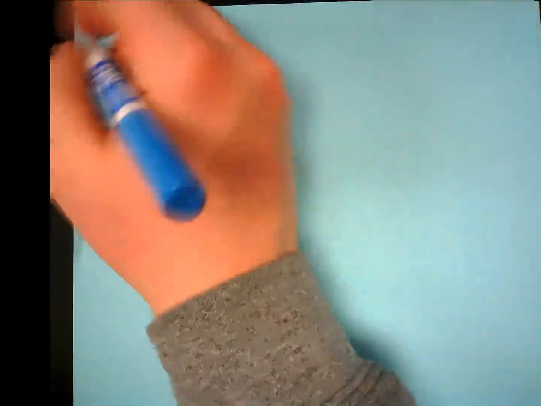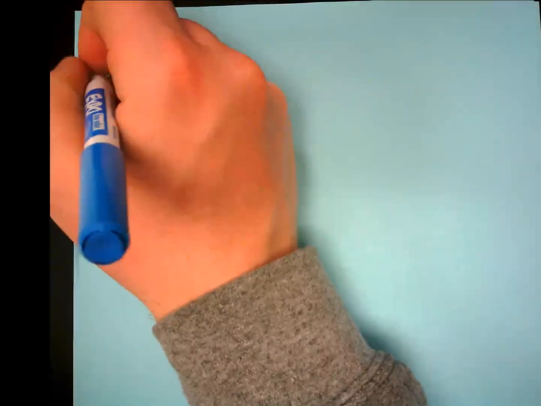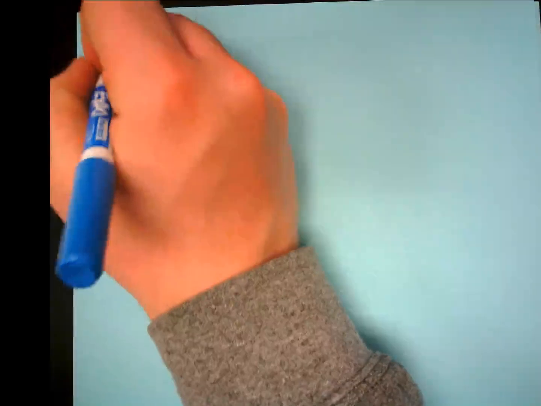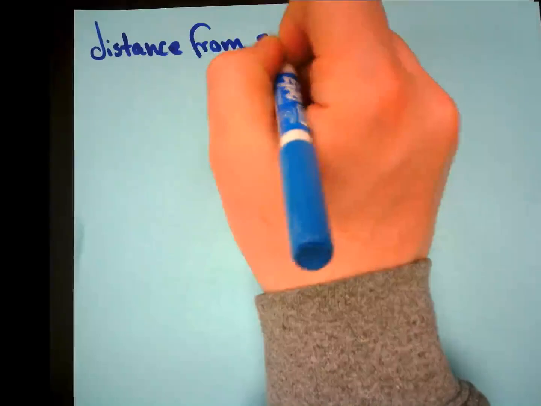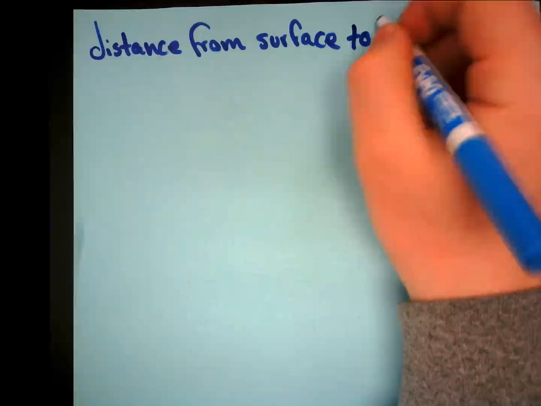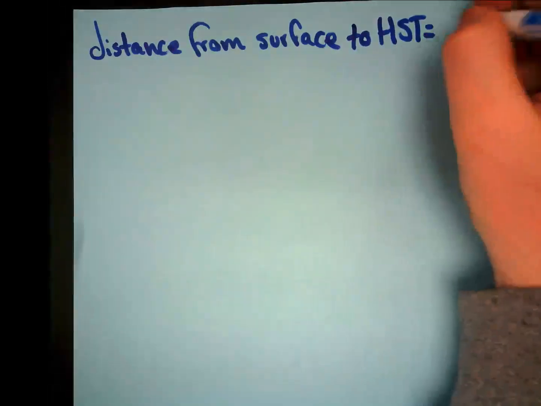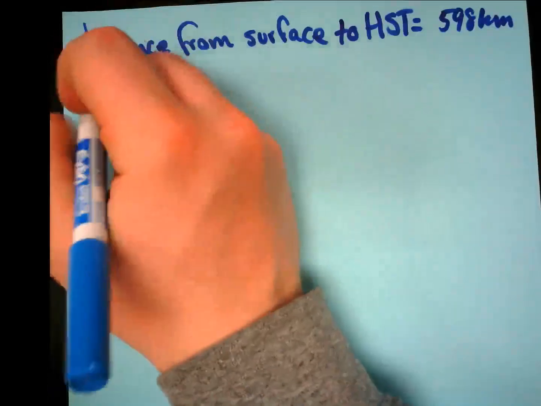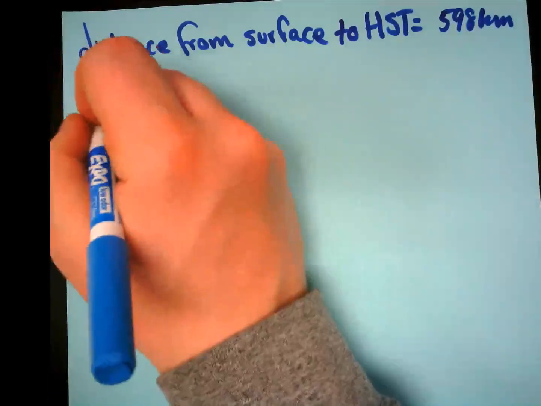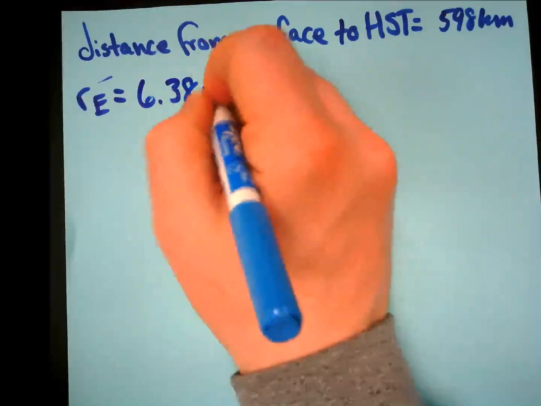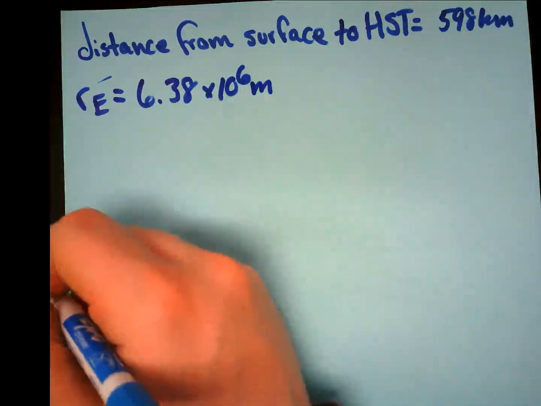So we're given a couple things. Let's write this down. This is the distance from the surface to the HST, that's 598 kilometers. And then the radius of Earth is 6.38 times 10 to the 6 meters.